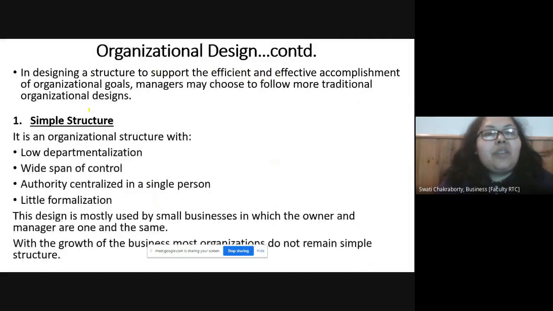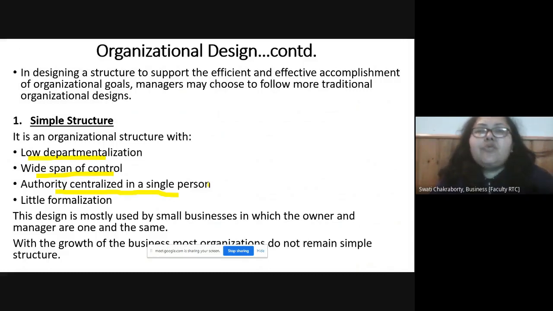Now, a simple structure is when you start your business, or when you're operating on a small scale. So what happens in this? There are fewer departments, and you as the boss have more people to control. So what is span of control? Who is controlling it? You, as the boss, if it's your business.